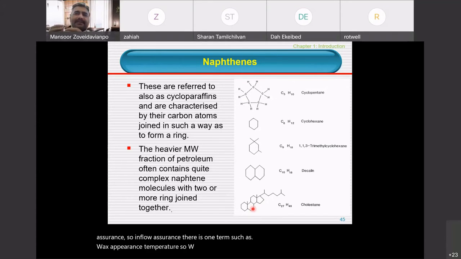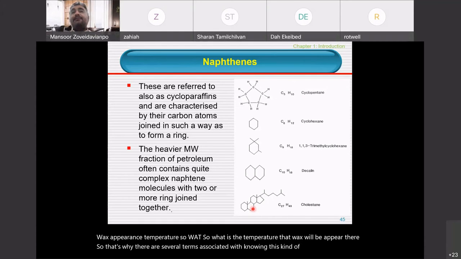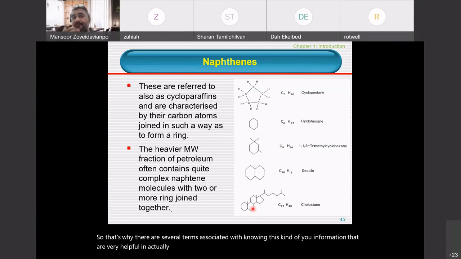So what is the temperature at which wax will appear? There are several terms associated with this kind of information that are very helpful in determining a safe transport of hydrocarbon to the sale point.